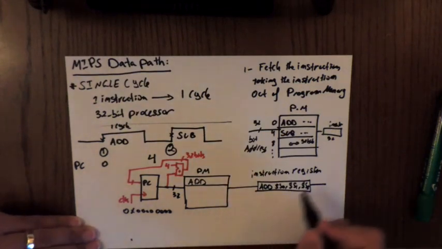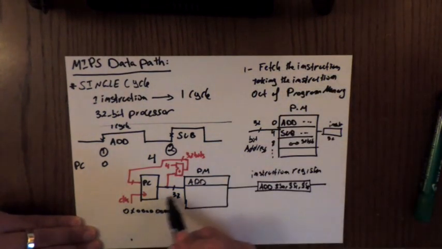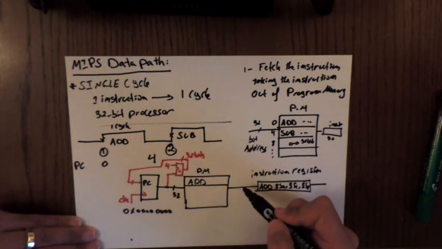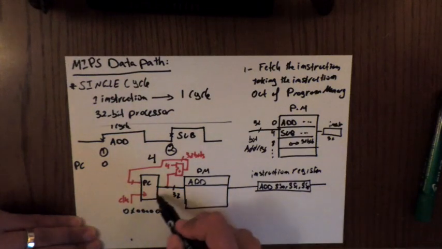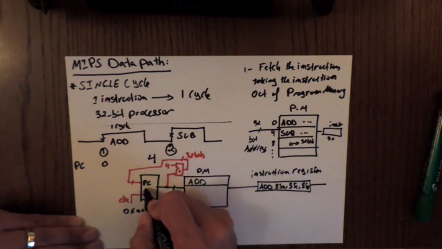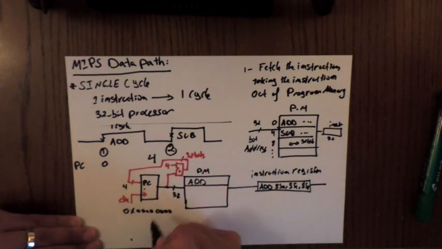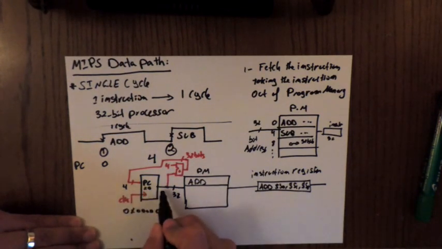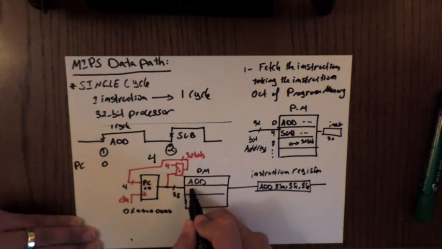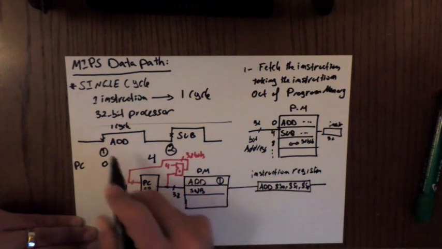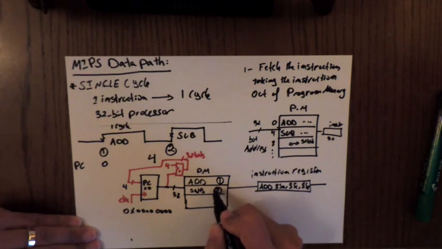Okay, so what we mean by fetching is actually taking add out of the program memory. But when we take it out, we add 4, so this will be 4, and PC was equal to 0. So when we have the next clock cycle, 4 will go in, and the next instruction sub will be fetched also.